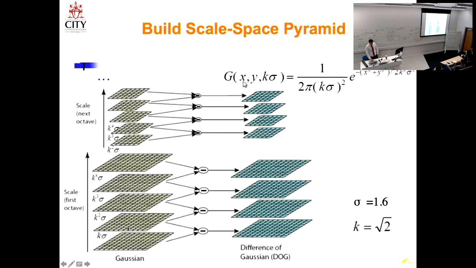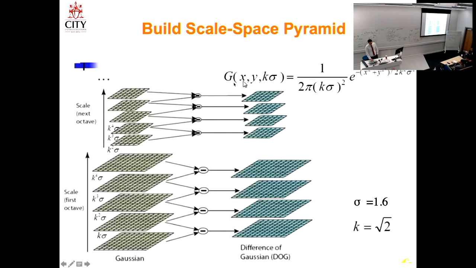At the same time, I'm creating a bigger image, smaller image, smaller image, and at the same time, more blurred, more blurred, more blurred. And once I deduct this version from the more blurred, I'm going to have an edge in different blurriness. So this produces a kind of scale space pyramid for me.